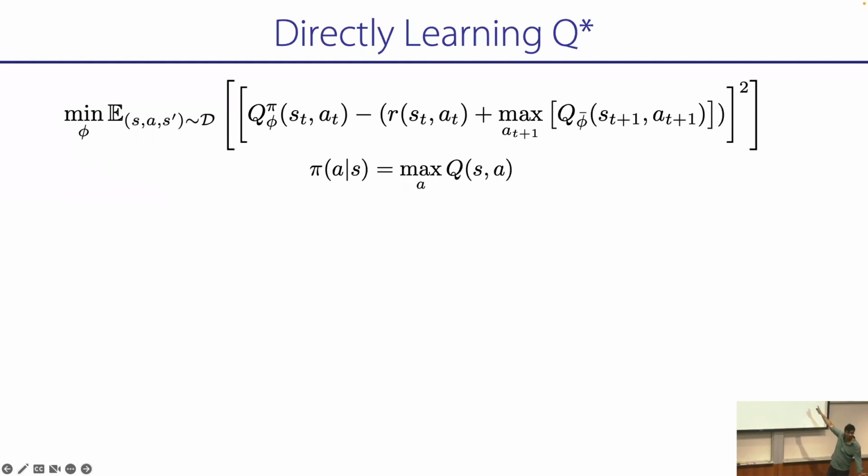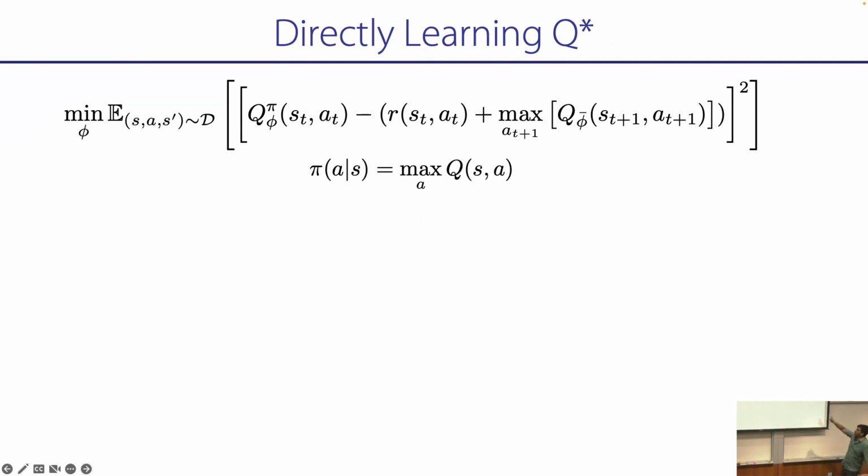So essentially, you're trying to say that the Q is similar to the R plus the max of the next Q, right? And so you've removed the actor because the actor is now implicit in the Q function. So the policy is just saying, if you can compute the action which has the maximum Q value, that's your policy. You don't need a separate network. It's just implicit in the Q function, right?